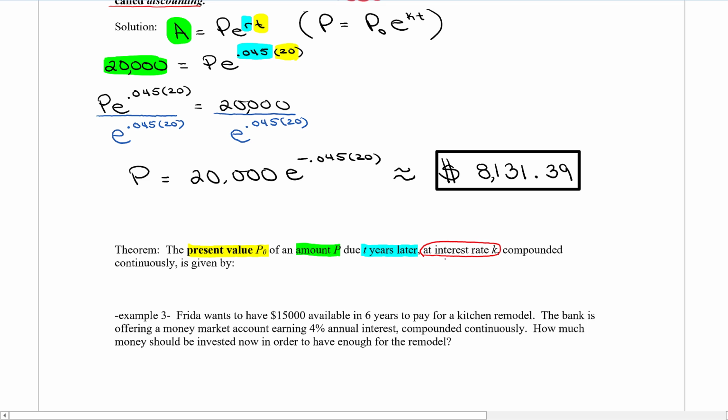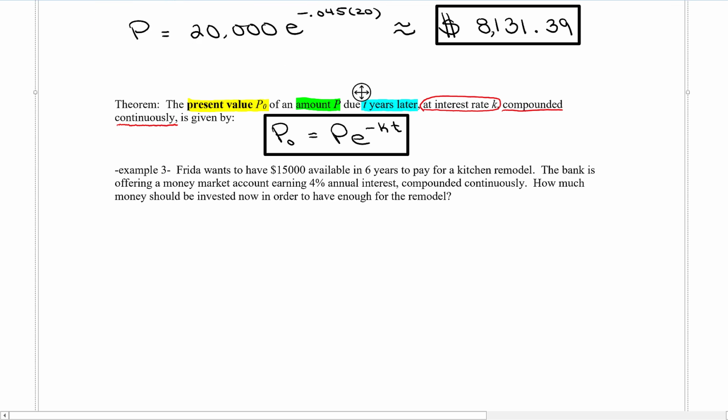I'm going to circle the words at interest rate k, and I'm going to underline the words compounded continuously. So the present value P sub 0 of an amount P due t years later at interest rate k compounded continuously is given by the equation P sub 0 equals P times e raised to the negative kt power. We're going to go ahead and box in this equation.